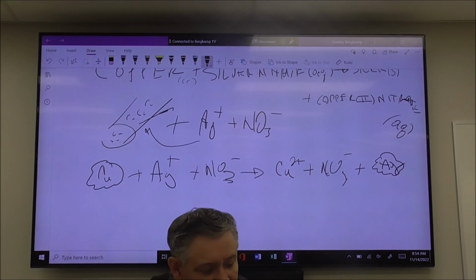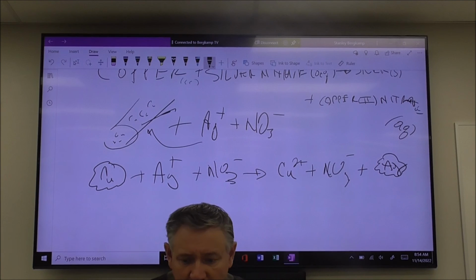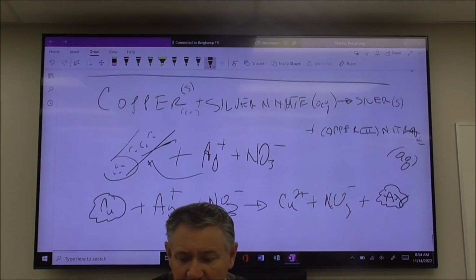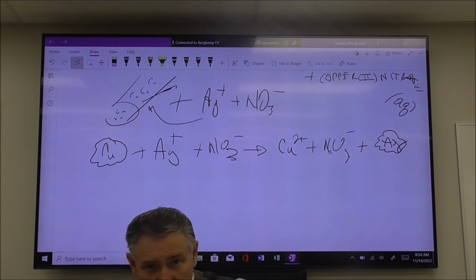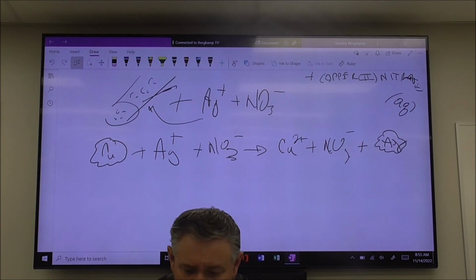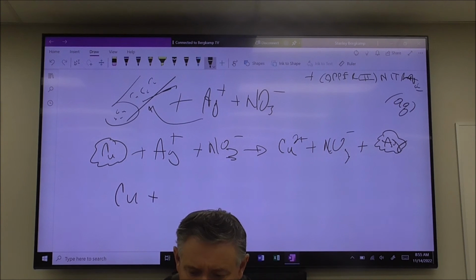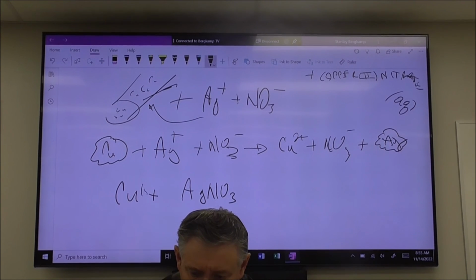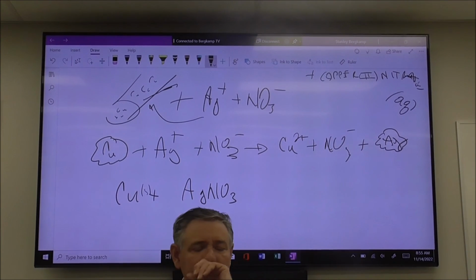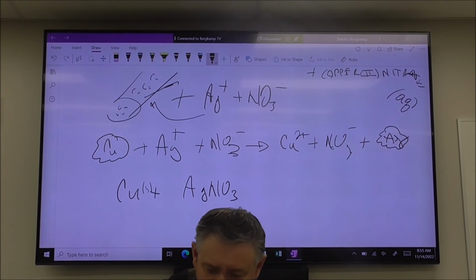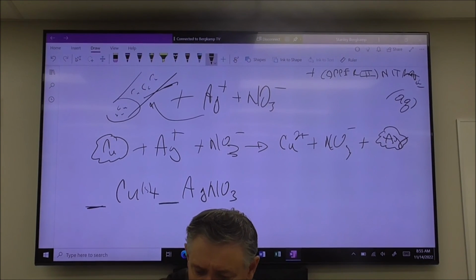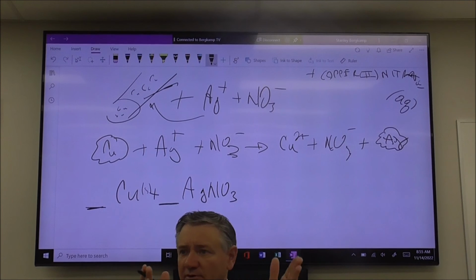Now, what I'm looking for with the atom inventory. Okay, so now we've got to do the equation. So we're going to have copper plus silver nitrate. And again, if you want to get fancy, what I would recommend that you do is actually put a space there for the coefficients.